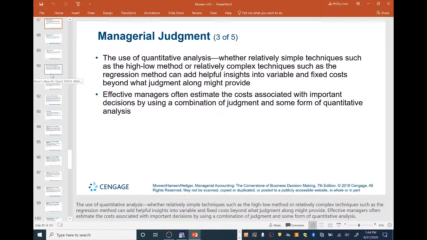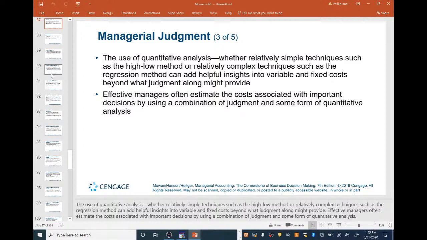Now, the use of quantitative analysis, whether relatively simple techniques such as the high-low method or relatively complex techniques such as the regression method, can add helpful insights into variable and fixed costs beyond what judgment alone might provide. So even though judgment is the most widely used practice, the 3 quantitative techniques that we just used are obviously going to help bring some confidence and more accuracy to that judgment.